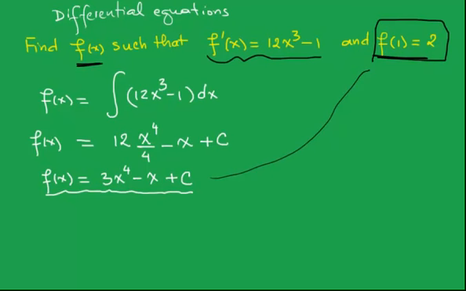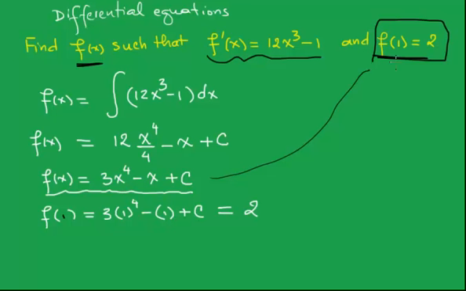So we have f of x. What's f of 1? We plug 1 in for x. So f of 1 is equal to 3 times 1 to the power of 4 minus 1 plus c. But we know this is equal to 2.